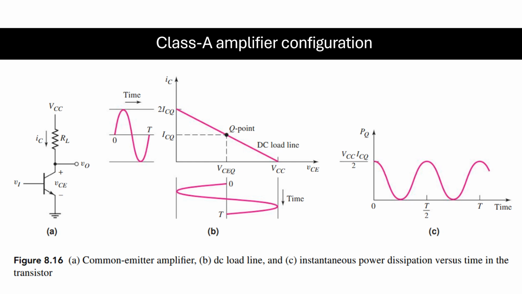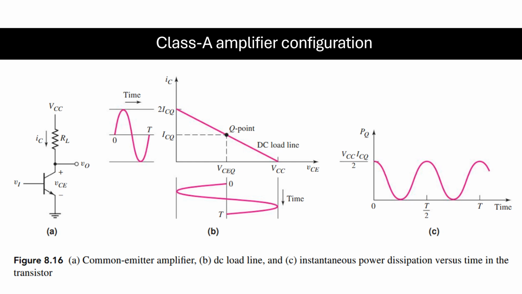The only thing is that the voltages and currents we are going to achieve are higher. Again we use the Q point, that is the intersection point of the DC and the AC load line, and we can find out VCC and ICQ, and then we can find out the efficiency.